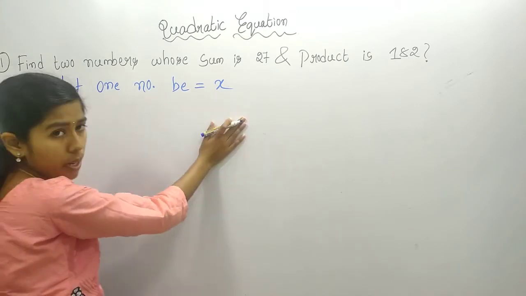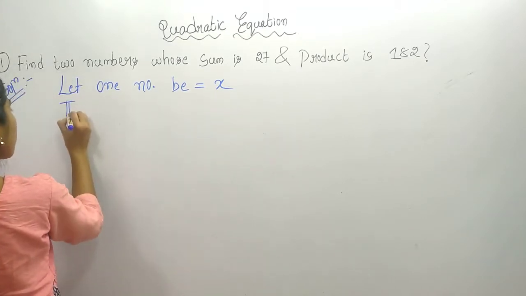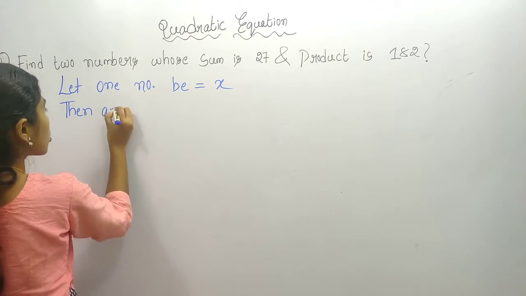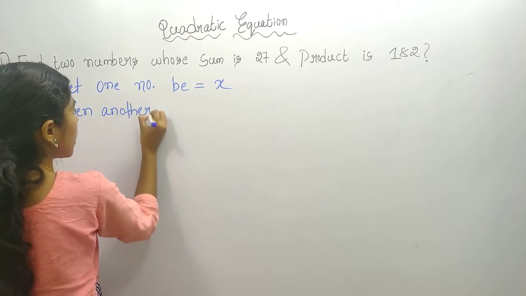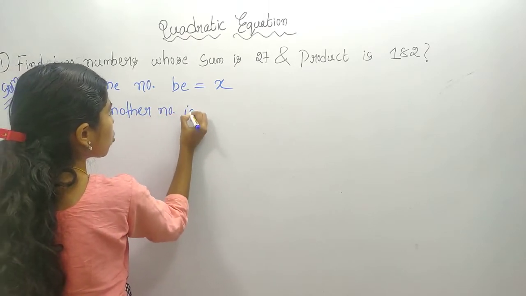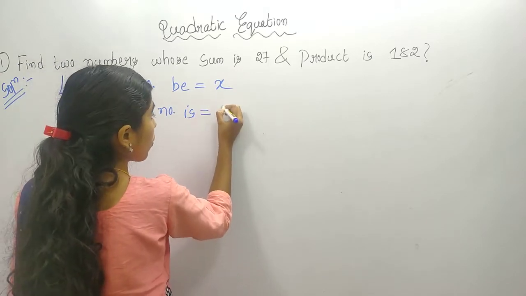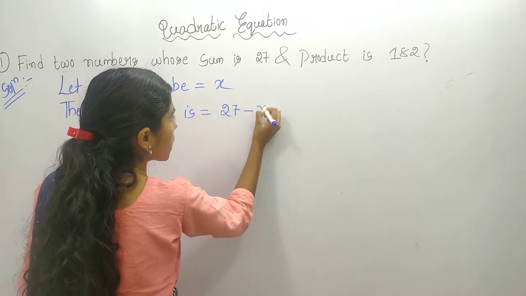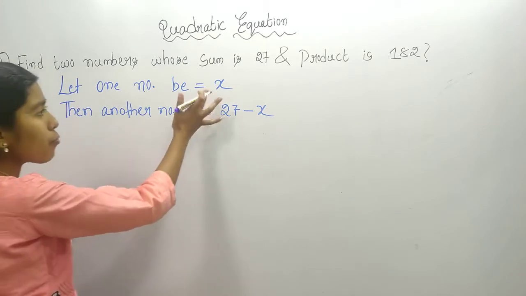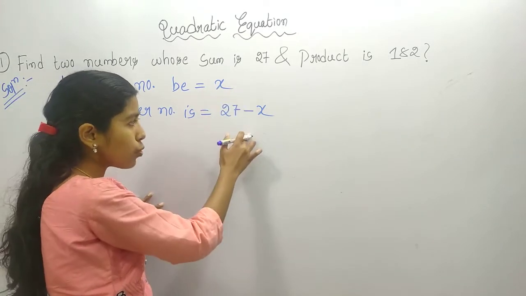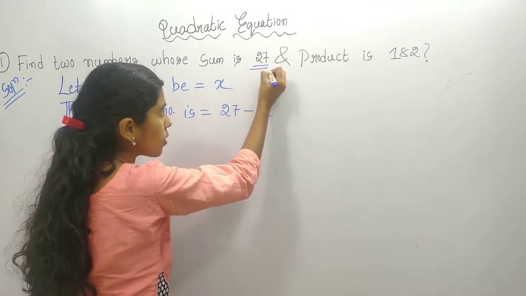So if one number is x, then the other number is 27 minus x.